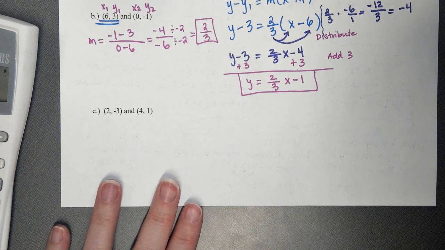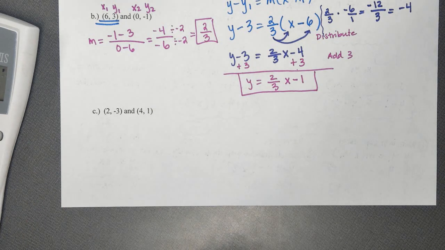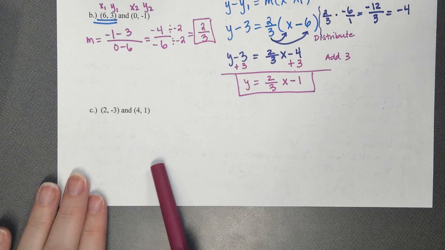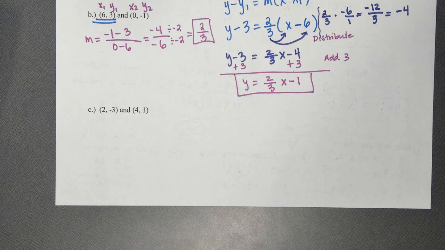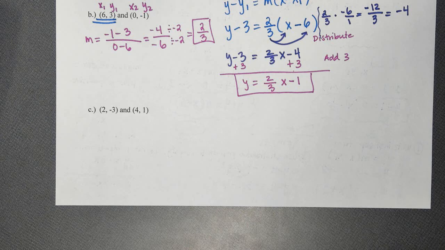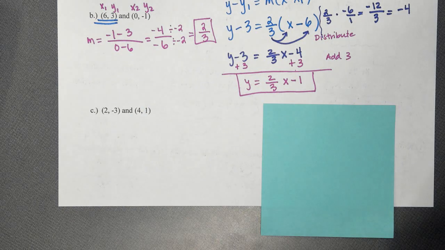Okay, so I've gone over that twice with you. I want you to do part C. Then will you bring it up and show me so I can check it when you're done with part C? And then I can give you your points for that. And then you are going to work on 5-7, day 2, the back side. And then I will check that in as well. Okay?